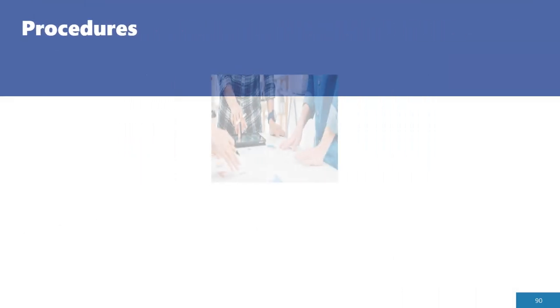Okay, so moving on, let's look at the procedures in organizational process assets. Now, procedures are step-by-step instructions for performing specific tasks. Okay, so for every task that you have to perform within your project or the execution of your project, you have instructions.